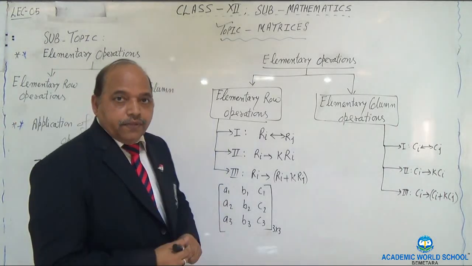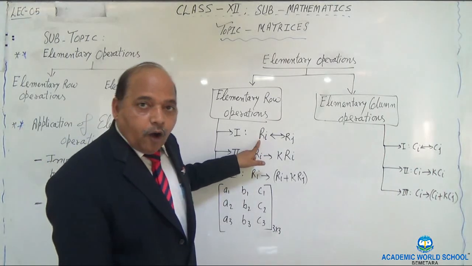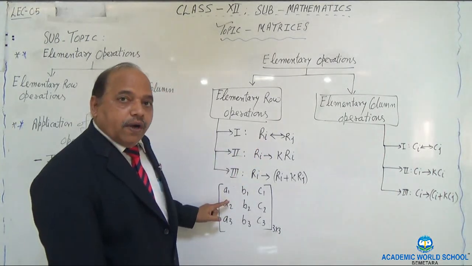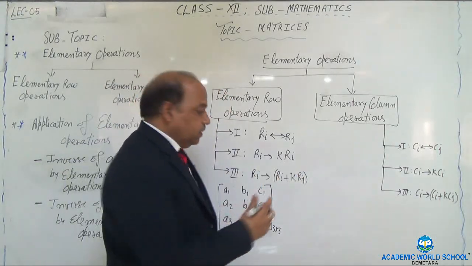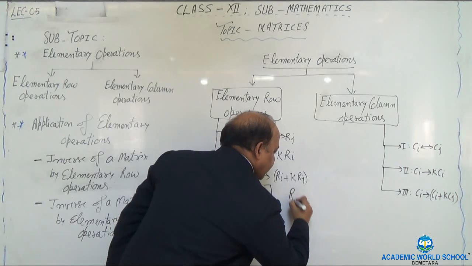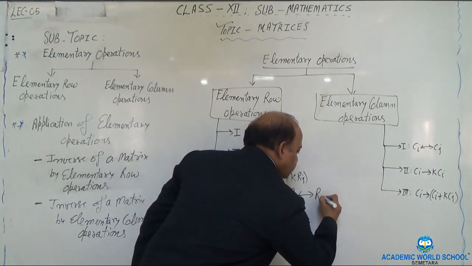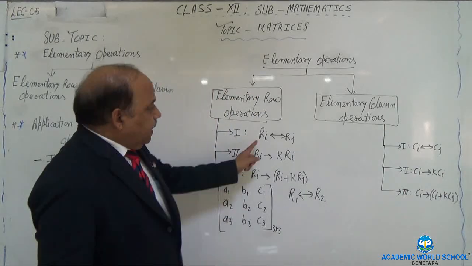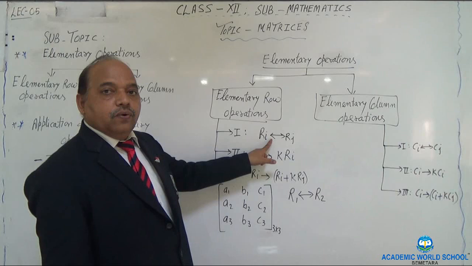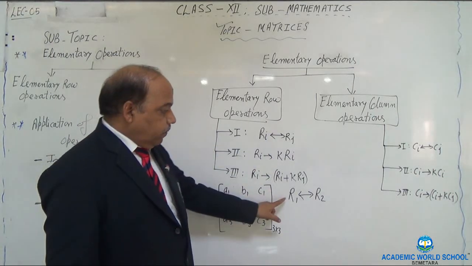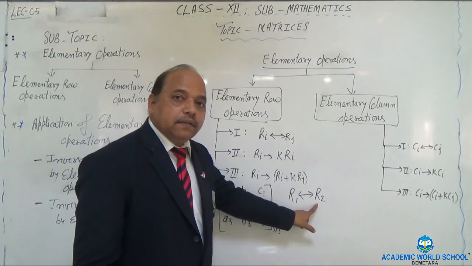For example, if I want to apply this first row operation, what does it mean? First I will write what I want to change. You will say, let's say R1 is interchanged with R2. That is, the ith row is interchanged with the jth row. For example, the first row I want to interchange with the second row.